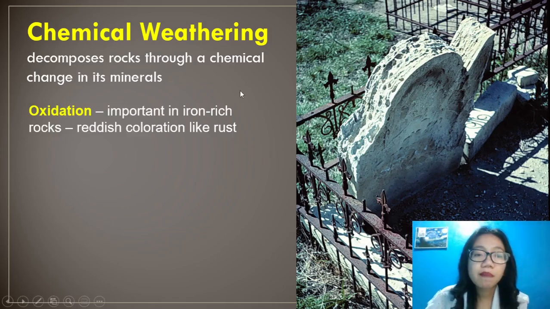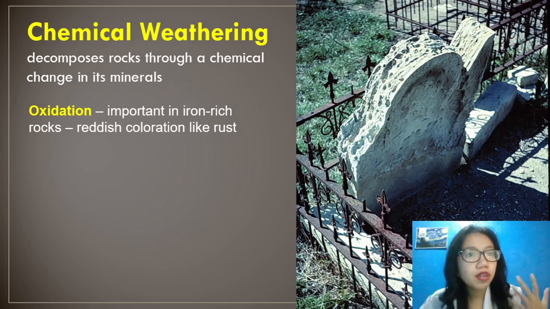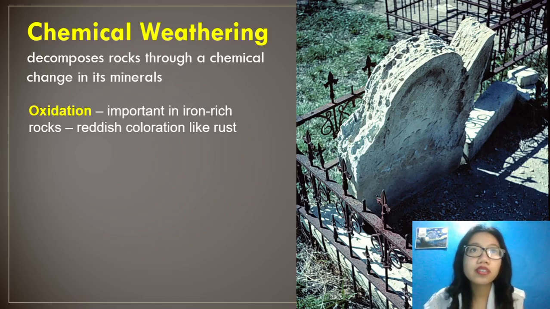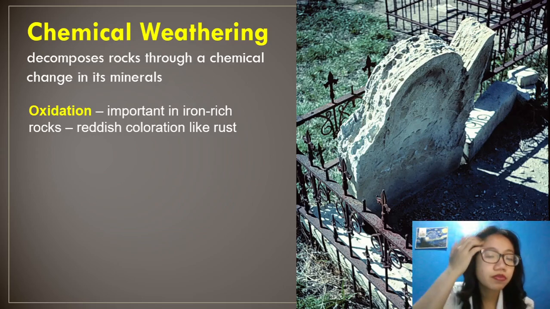Okay, so first example, oxidation. So rust is a result of the oxidation process. So rocks which are rich in iron may interact with water. Okay, so you may have already known this, that you shouldn't expose iron objects or metallic objects to water because it will eventually rust.